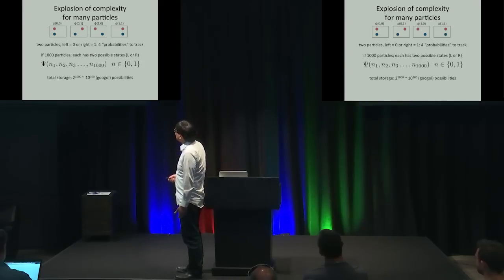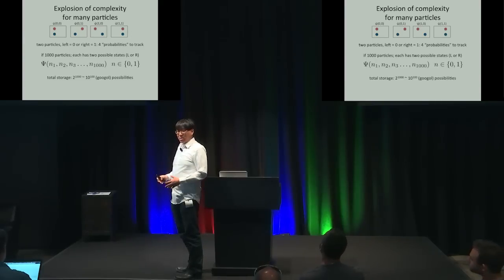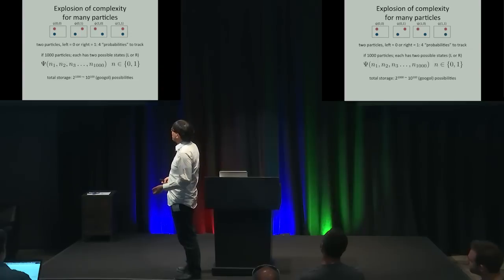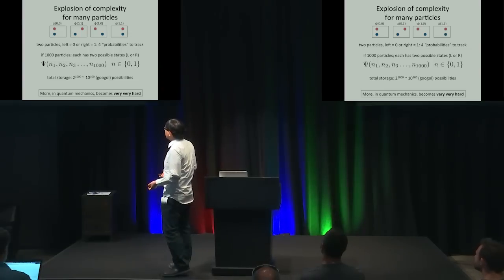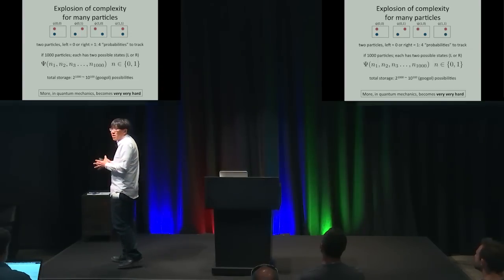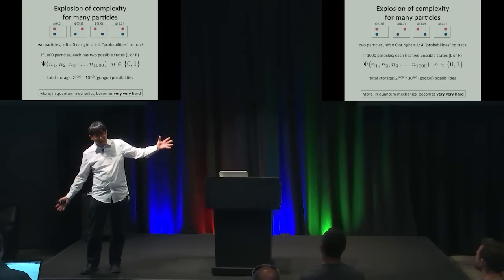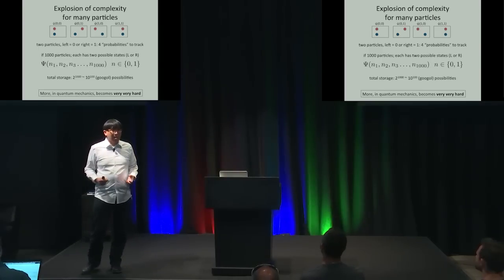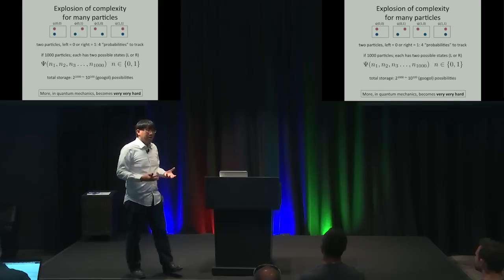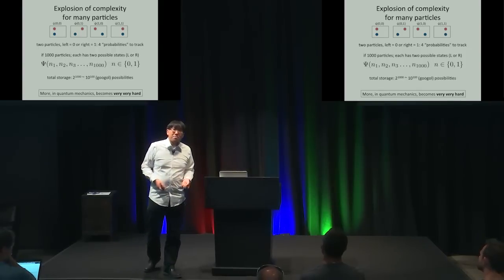So that's 2 to the 1,000. This is not correct. That's 10 to the 300. But in any case, it's a very, very large number of possibilities. And it's this gigantic blossoming of possible ways of particles behaving simultaneously that makes more in quantum mechanics very, very hard.